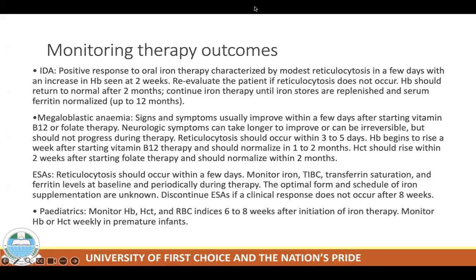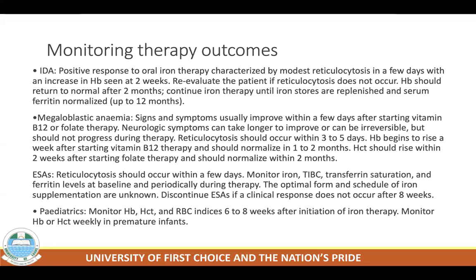For B12 deficiencies, that's the process of regenerating new cells, reticulocytosis. So for megaloblastic anemia, signs and symptoms usually improve within a few days after starting B12 or folate therapy, except if it's delayed and there are already neurologic symptoms.